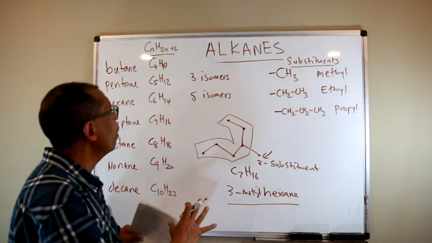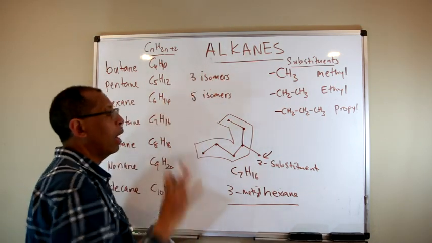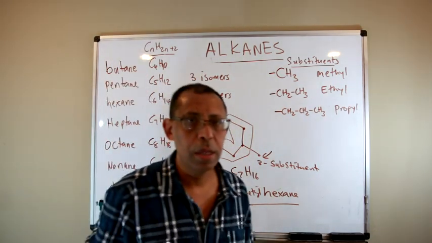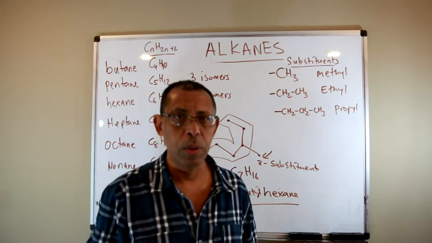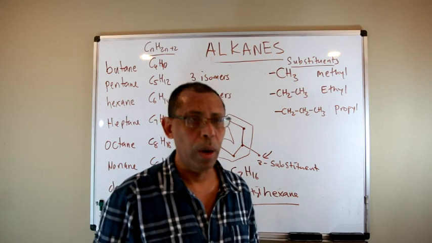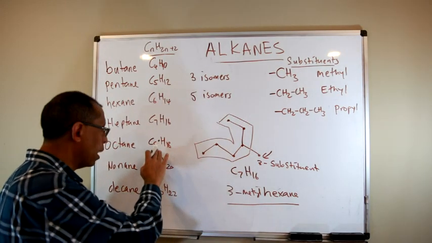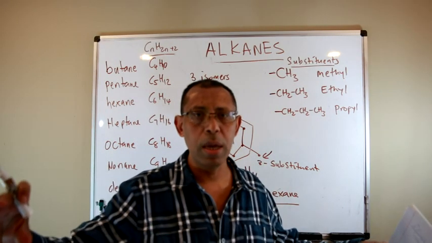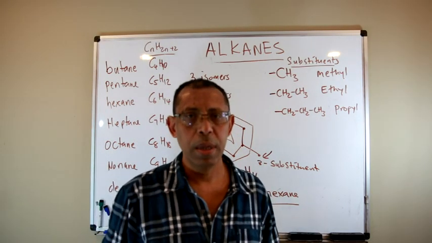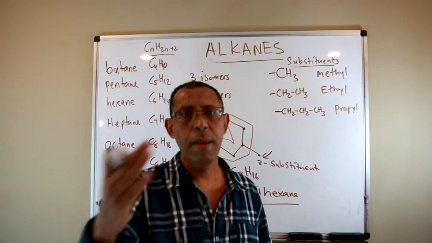So remember now, identify and practice writing exhaustively all of the constitutional isomers that are possible. For example, you take C8H18, start with a straight chain of 8 carbons, and then start to branch it.